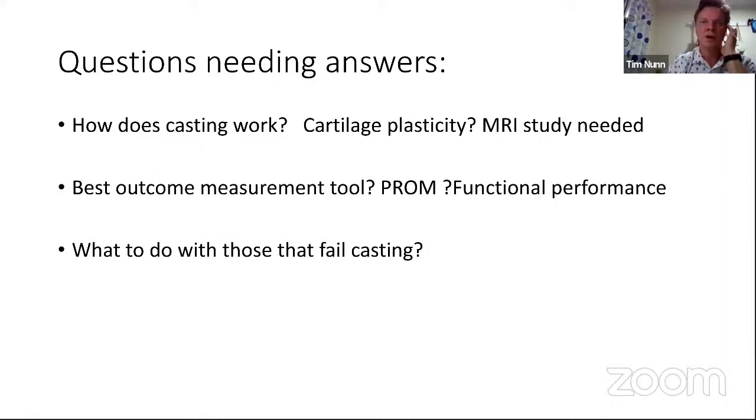And I think an MRI study is needed to determine this. Secondly, what is the best outcome measurement tool for these children? Is it a patient-related outcome measure, or is it an observational functional performance score? And thirdly, what to do with those that fail casting?